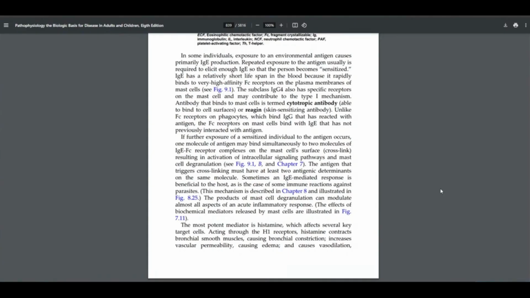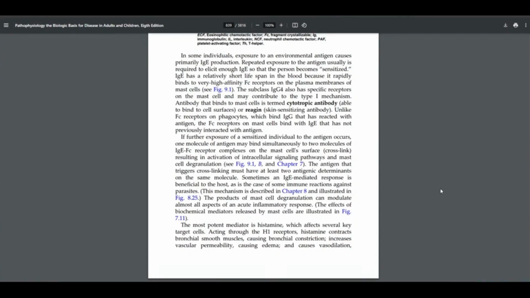The subclass IgG4 has specific receptors on the mast cells and may contribute to the type 1 mechanism.